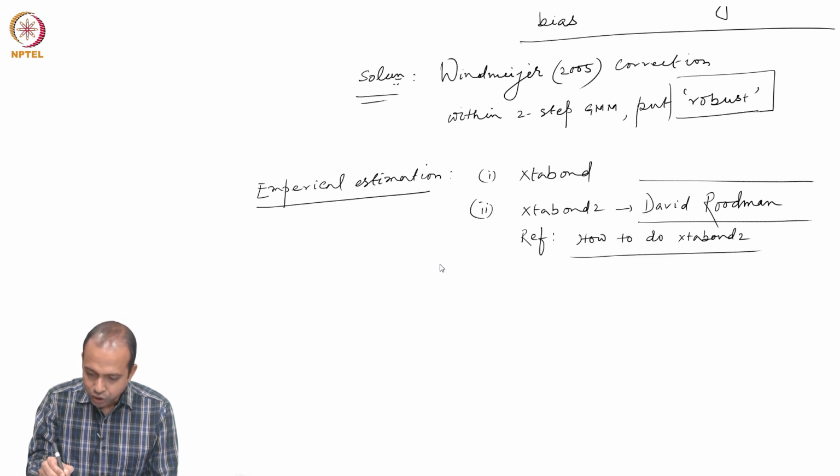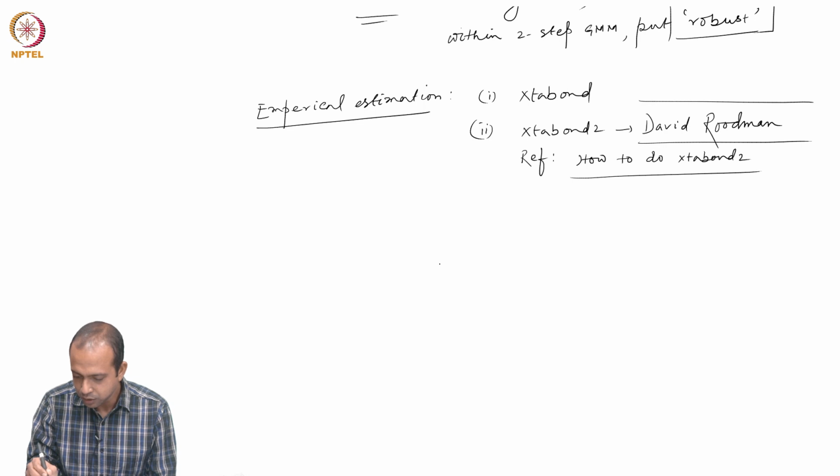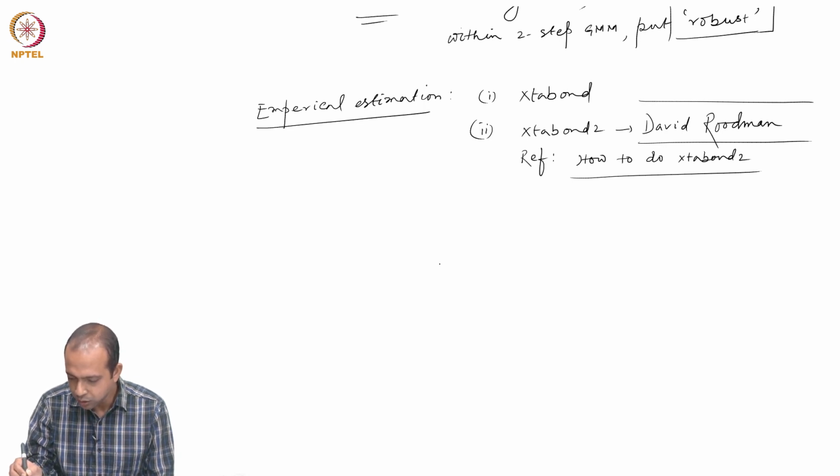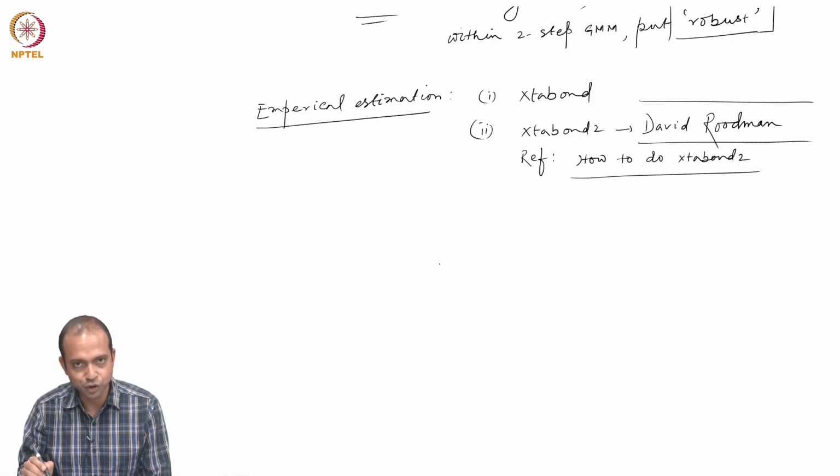Also, xtabond can estimate only difference GMM. System GMM cannot be estimated by the xtabond command; we need to use, if you recall, xtdpdsys.